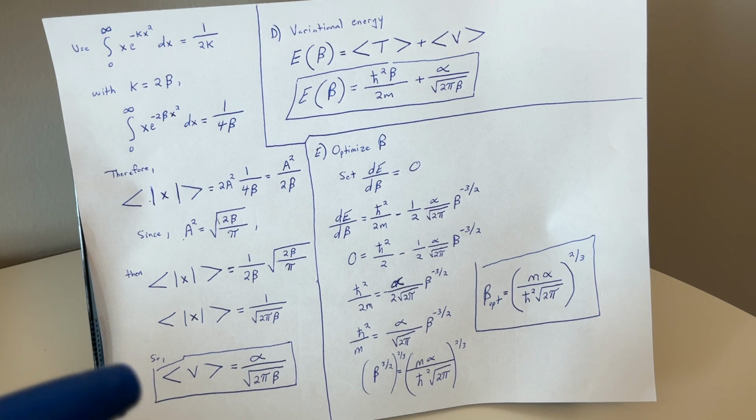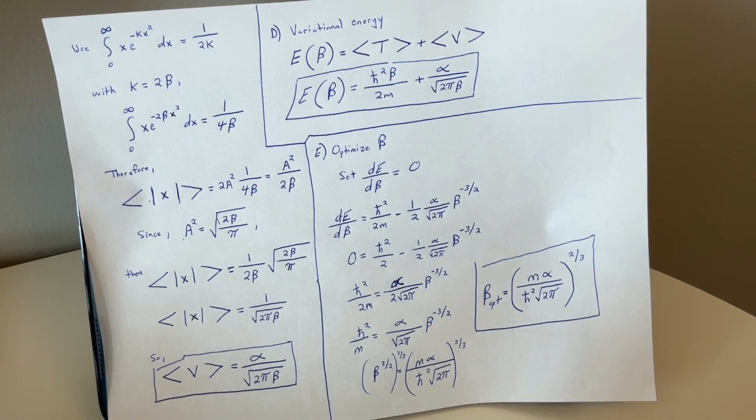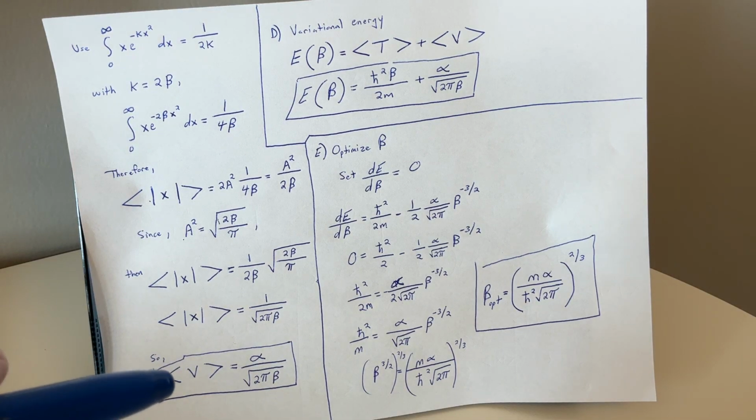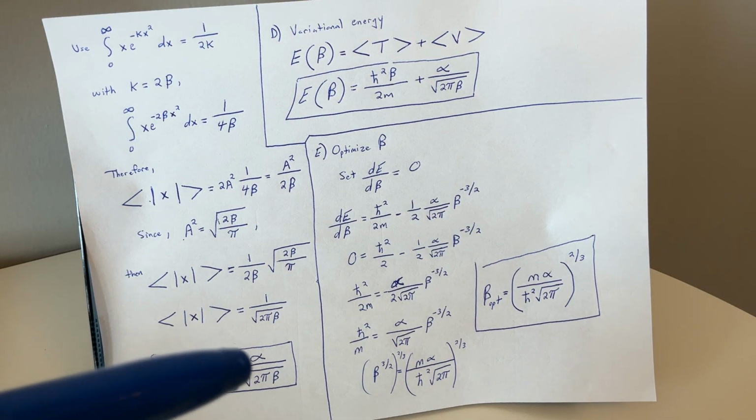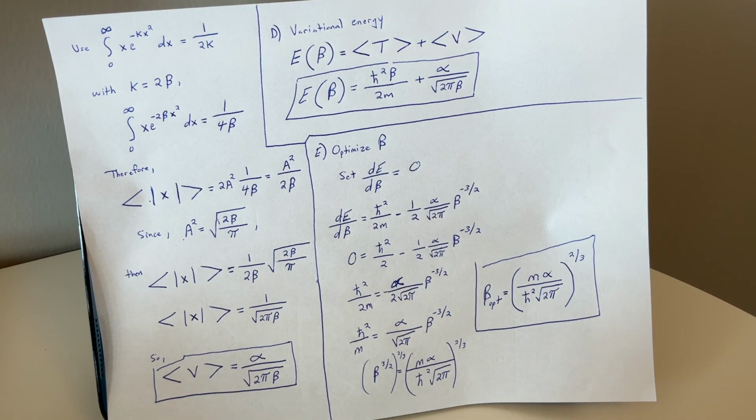So in regards to that potential energy, because that's what we were computing the expectation value of, the V, the potential energy's expectation value is going to be alpha over the square root of 2 pi beta. And from the previous page, part D, we want to find the variational estimate of the ground state energy.